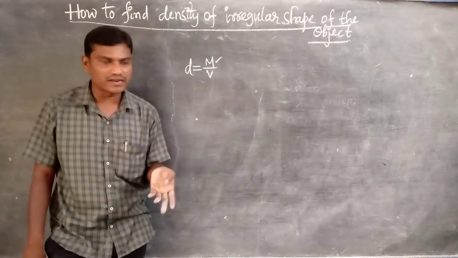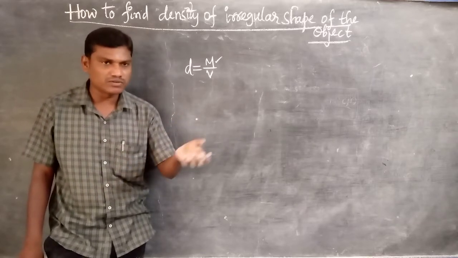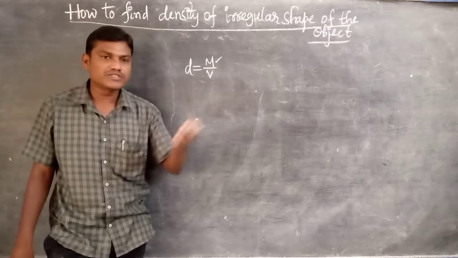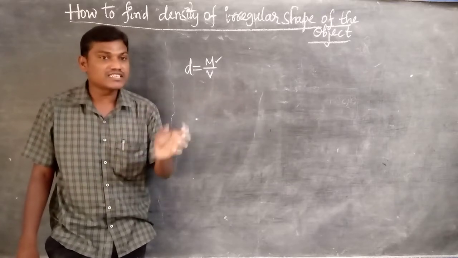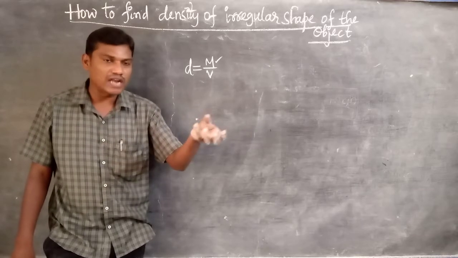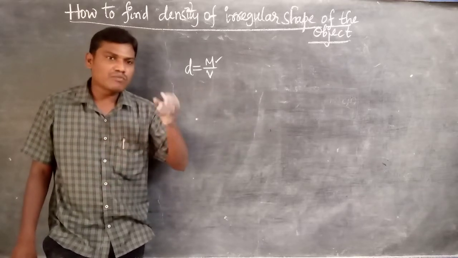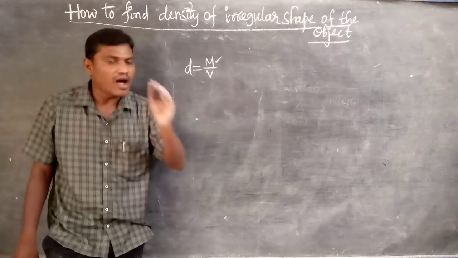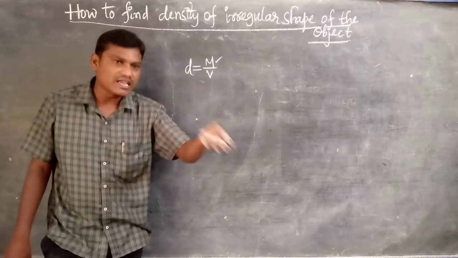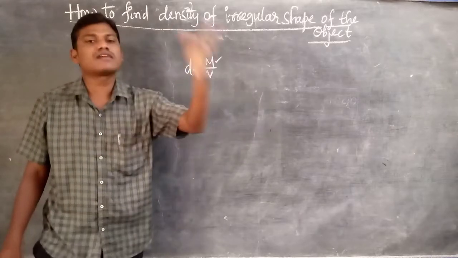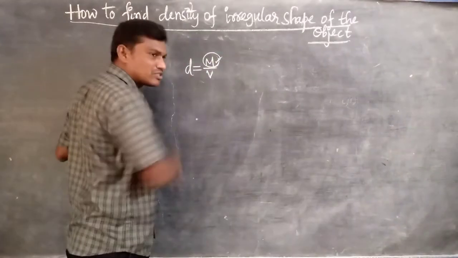Irregular shapes are, for example, fruits, vegetables, leaves, or a stone; they have no particular shape. Whether the body is regular or irregular, we can find its mass using a physical balance, common balance, or electronic weighing balance. So for the mass, no problem.